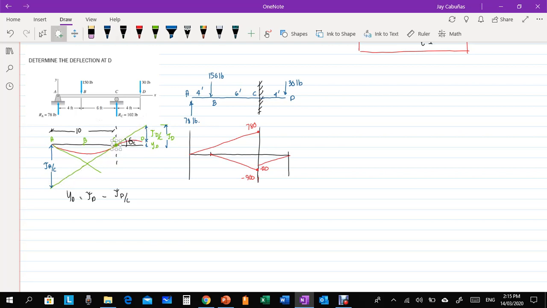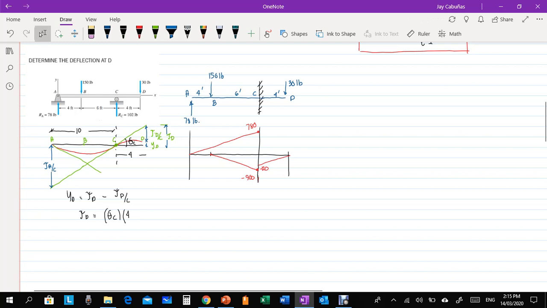Okay? Now, our TD, the deviation of D, is just, okay? So we need to find theta C, right? The deviation of D is equal to angle C times 4 feet, this distance here.